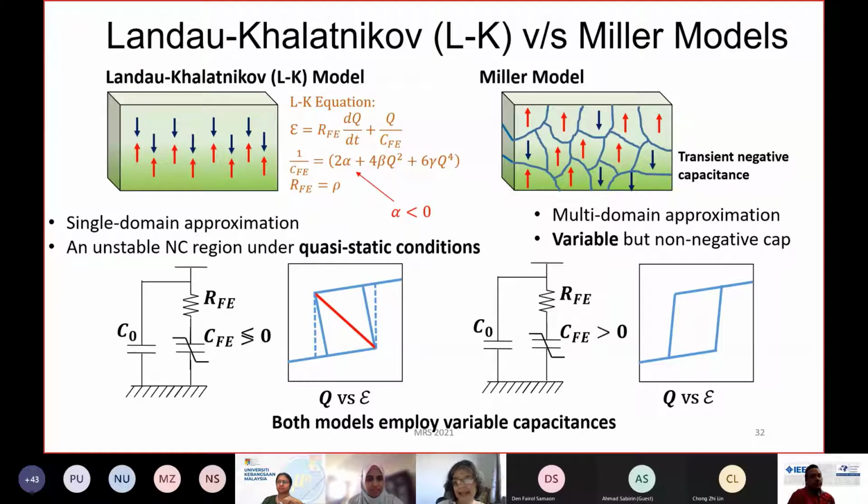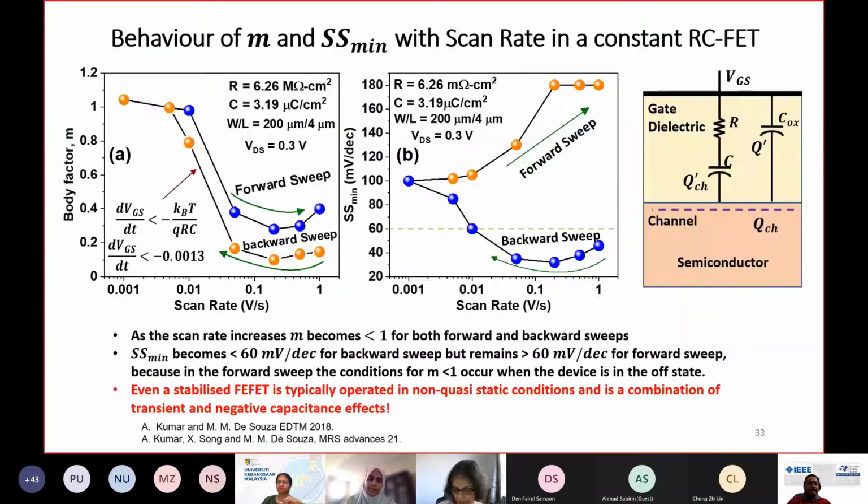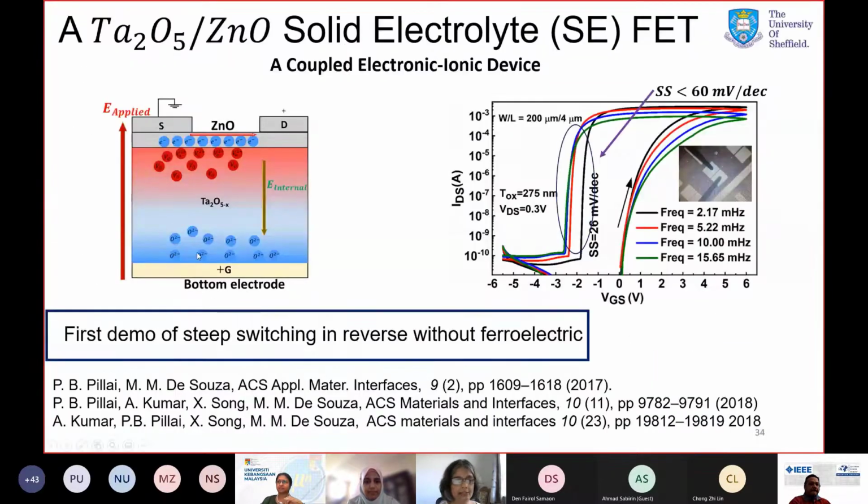In one of their latest papers, they have put it as a thin film transistor. Ferroelectric memory, FRAM, is in a thin film transistor format, exactly like this, except that here they have a ferroelectric material, which means they can get only 2 states of the device typically, whereas ours is a diffusive mechanism, so we can have multiple states of the device.